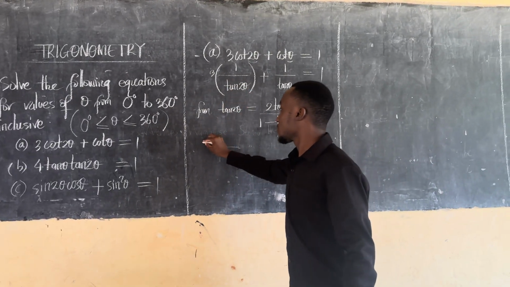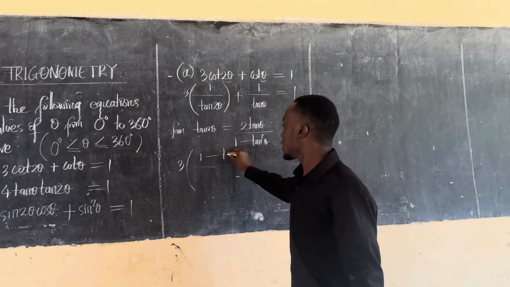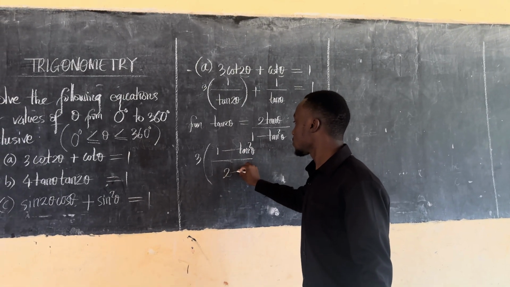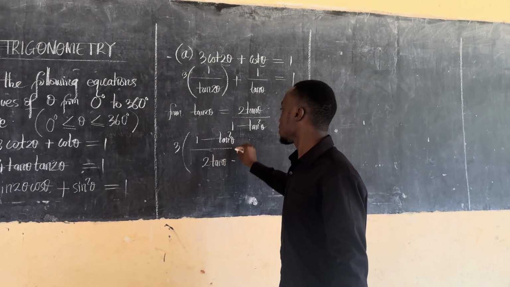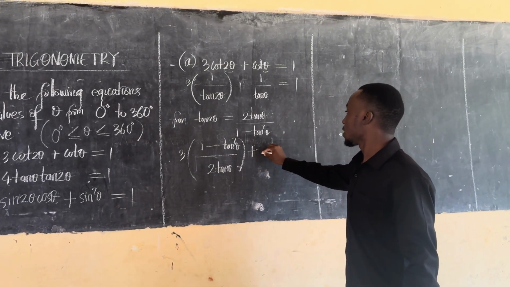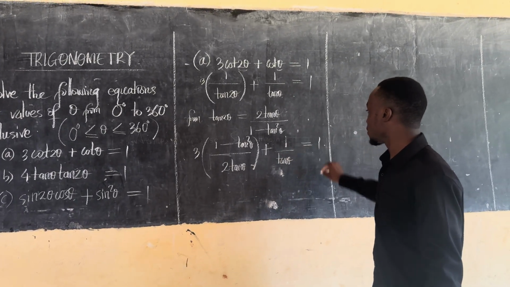So from this I write 3 times 1 minus tan squared theta all over 2 tan theta, plus 1 all over tan theta, equal to 1.